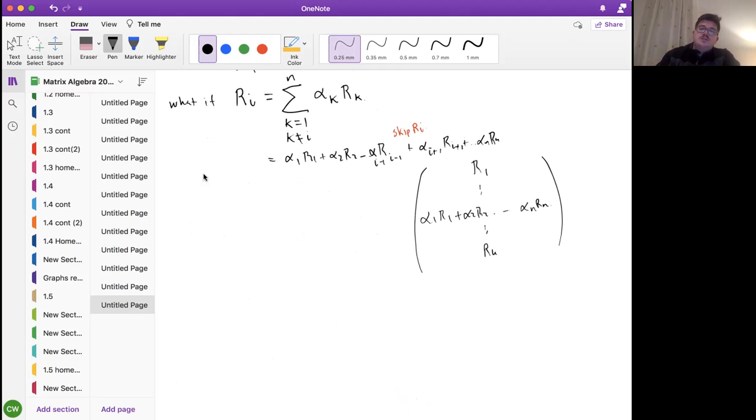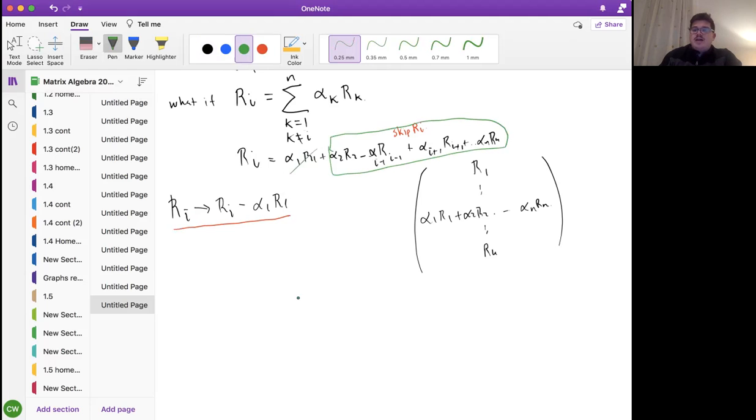I'll give you the first row operation you do. Let's do row I to row I minus alpha 1 row 1. If this is row I, what is the new row I after the row operation? What do you get? Not 0, you still have this other stuff, right?